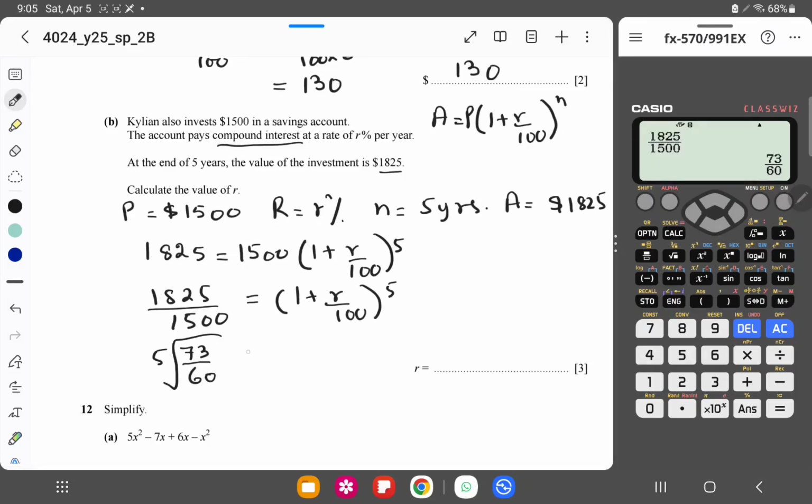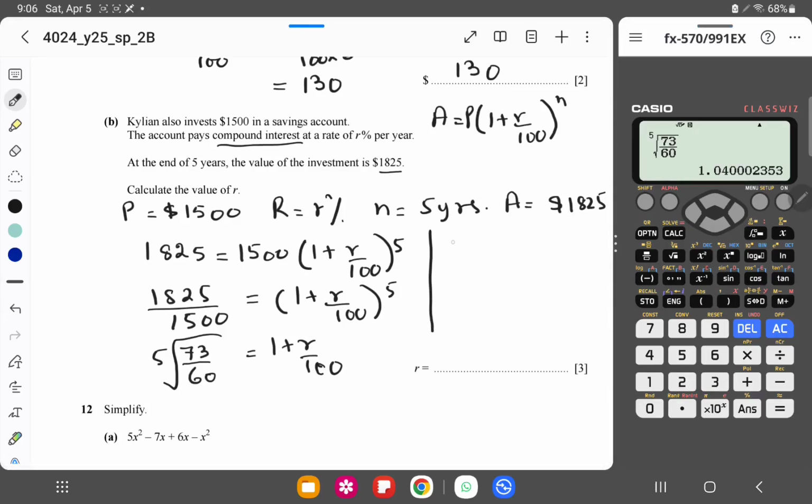Take the fifth root, that is 1 plus R over 100 only. Take the fifth root of this one: shift, then the root is 5, and then 73 over 60. 73 upon 60 to the fifth root is 1.04.